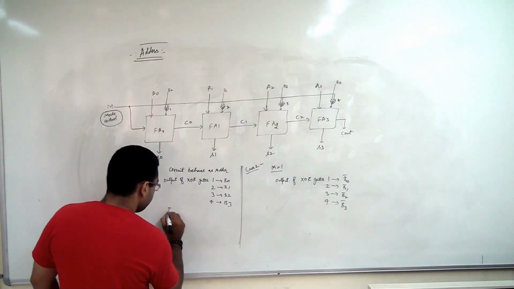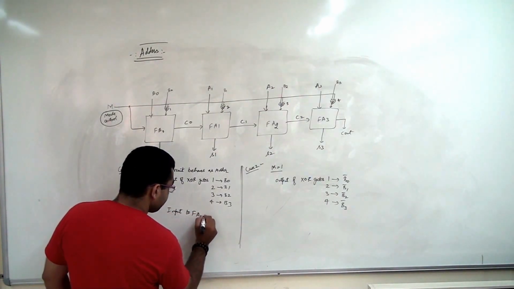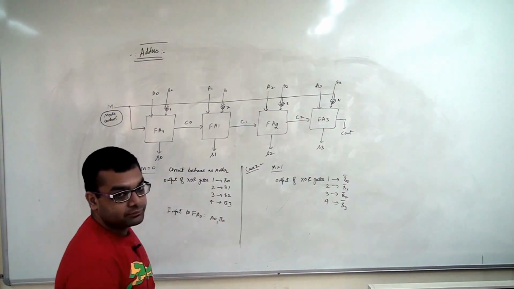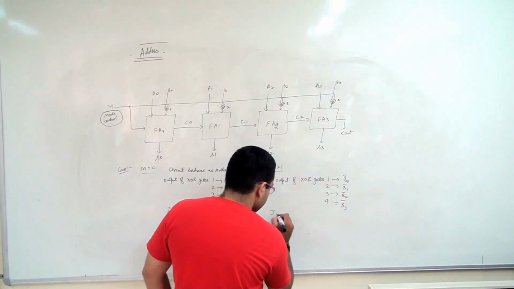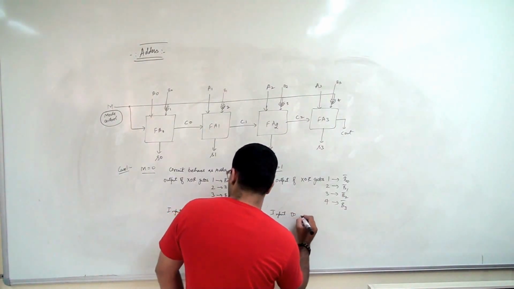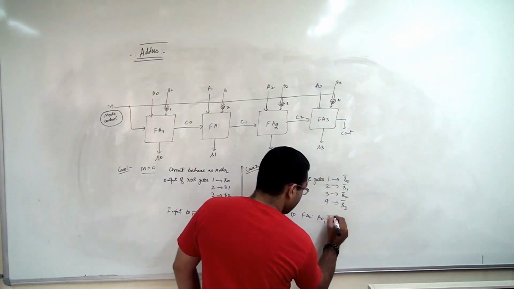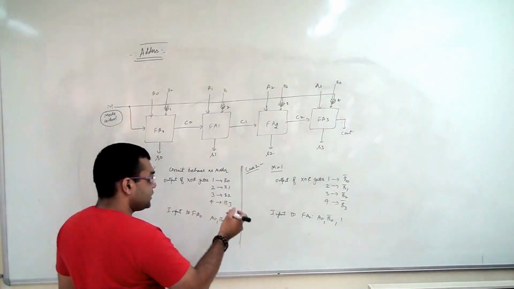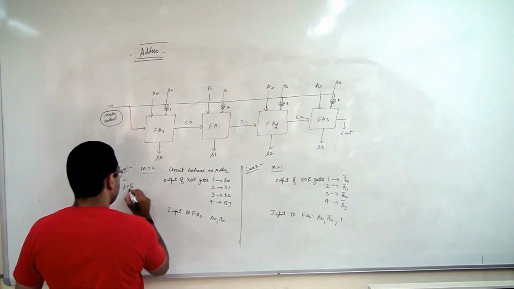Okay, one important point: you can see over here, my input to FA0 is A0, B0 and 0, when M is 0. In this case, my input to FA0 will be A0, B0 bar and 1, because M is held at 1 now. So what I was performing earlier was A plus B, isn't it?